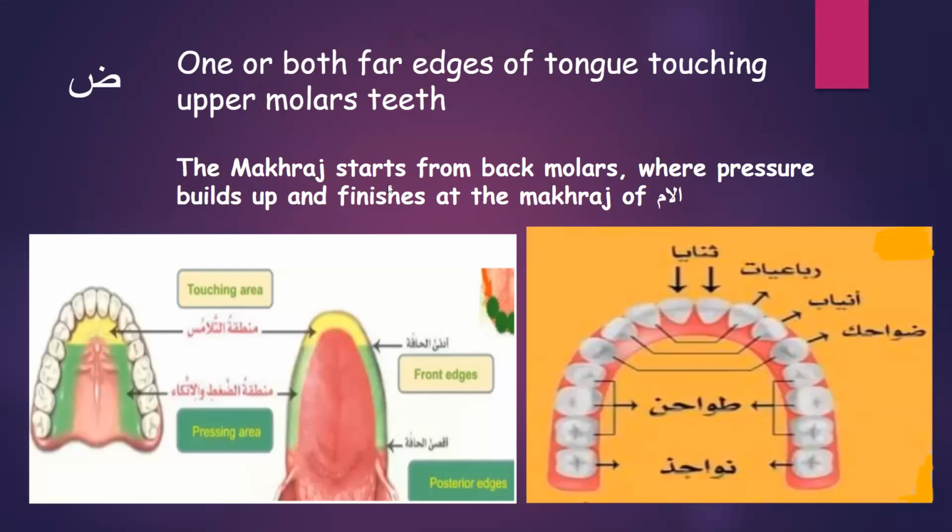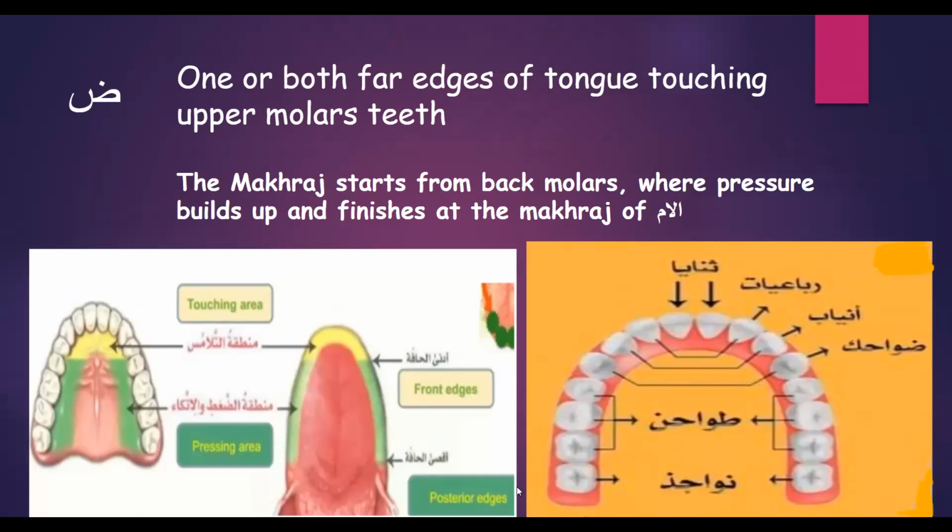The makhraj starts from the back molars, where pressure builds up, and finishes at the makhraj of the letter lam. Pay attention to the names of these teeth, and the letter dad is pronounced from this area.